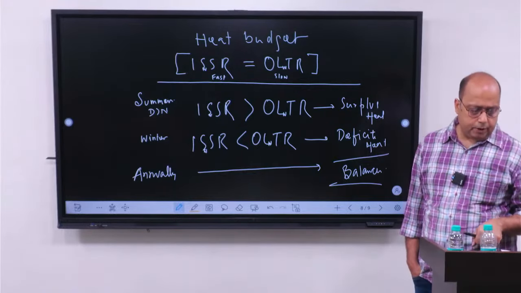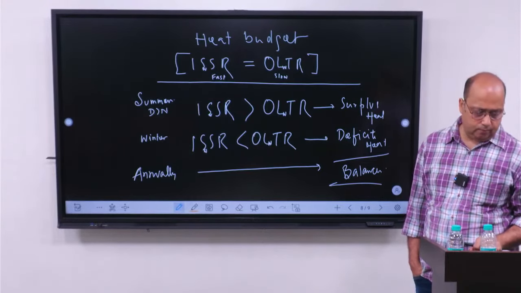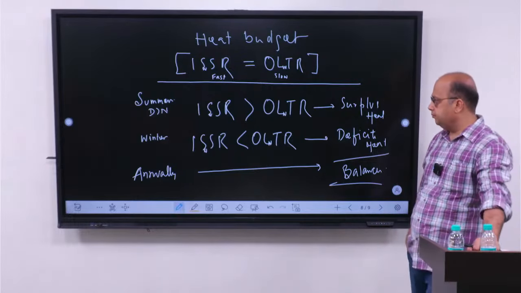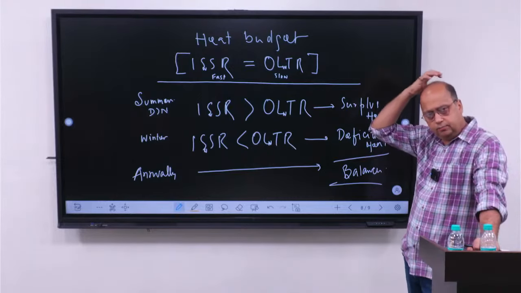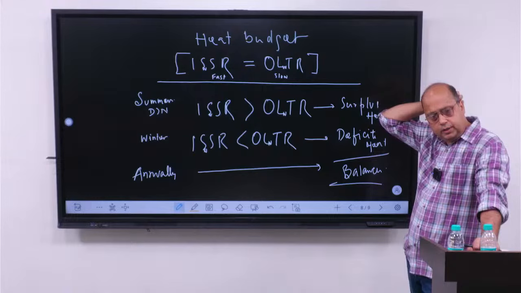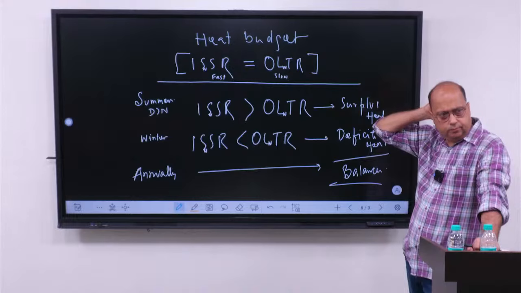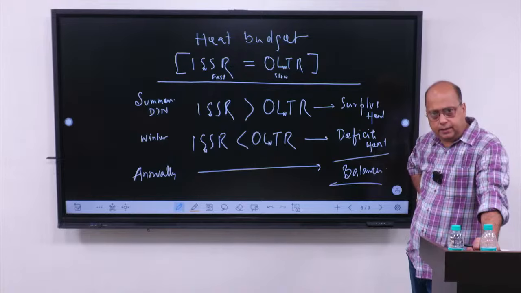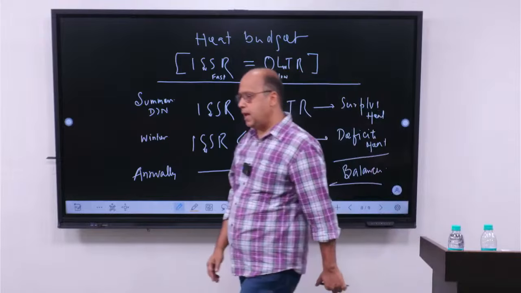Hence atmospheric temperature declines. But overall atmospheric temperature is constant at 15 degrees centigrade. Overall atmospheric temperature is constant at 15 degrees centigrade. In brackets, annual average temperature. 15 degrees is the annual average temperature.